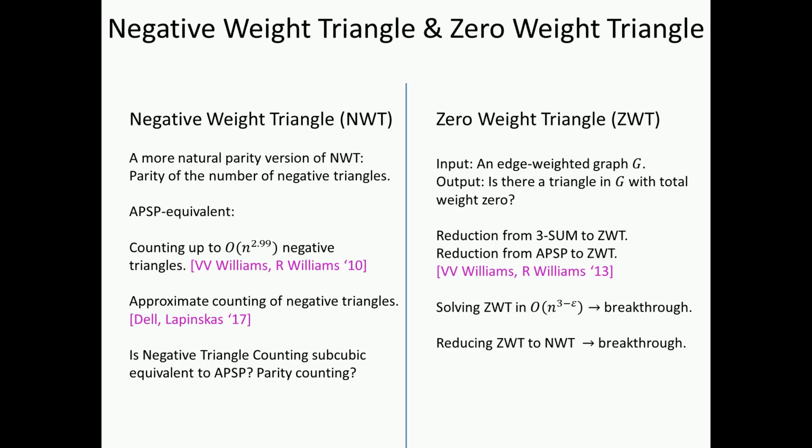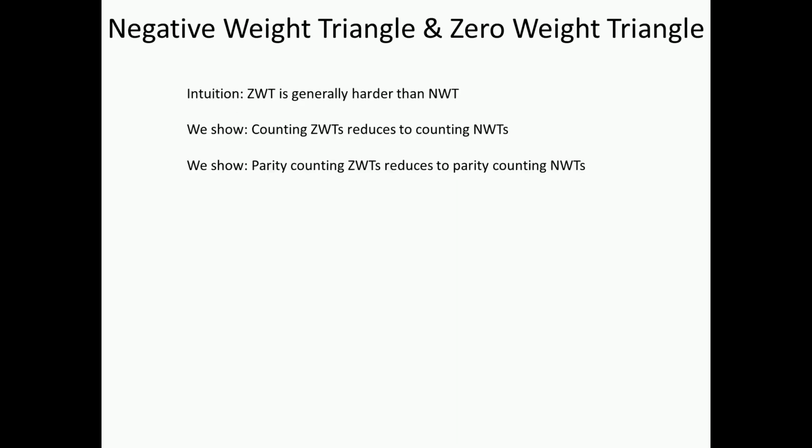So solving zero-weight triangle in subcubic time implies a breakthrough because it implies better algorithms for threesome and all pair shortest path. Also, reducing zero-weight triangle to negative weight triangle would imply a breakthrough because it would imply that all pair shortest path is threesome hard, which is not known to be true. So we get the intuition that zero-weight triangle is generally harder than negative weight triangle.